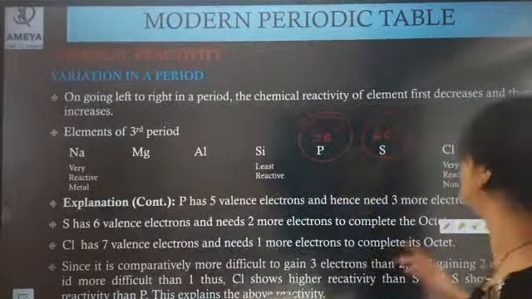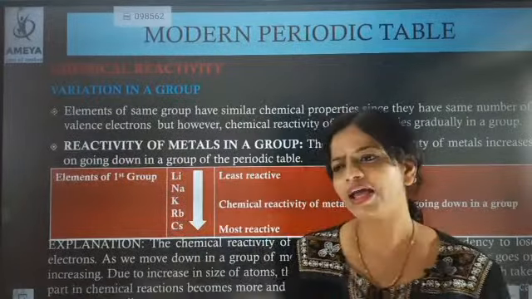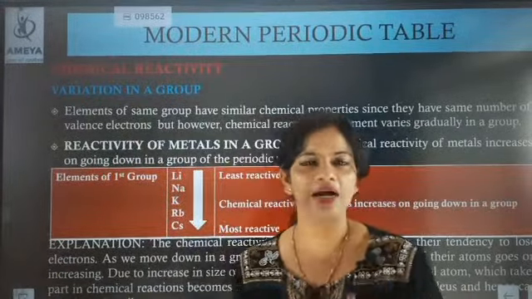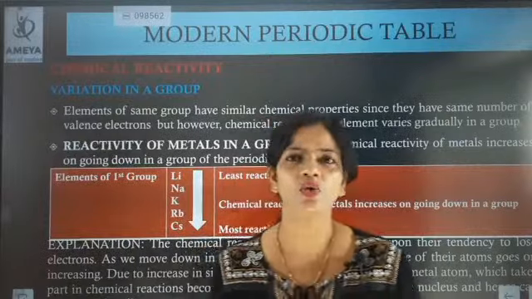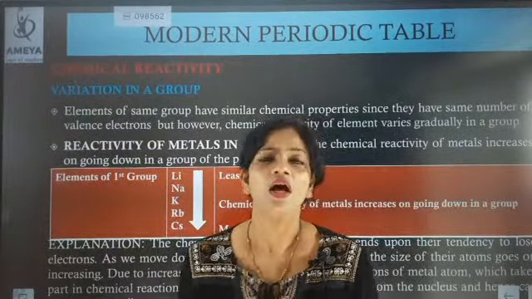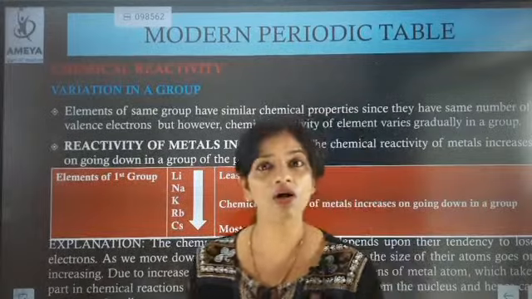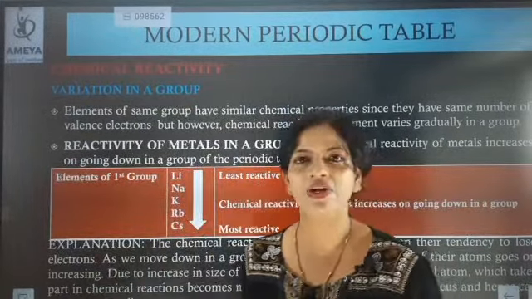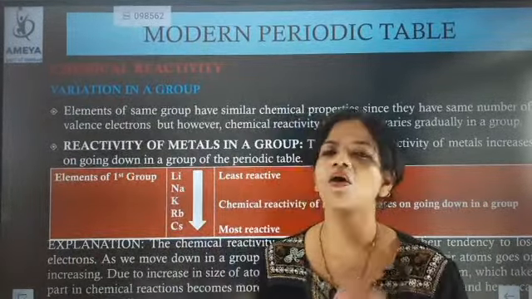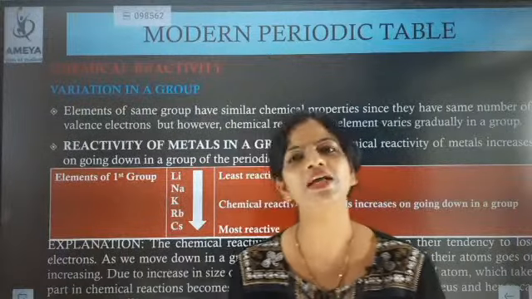Now one question is there. I have told you one story when I started the periodic table. That time I told you chemical reactivity remains same along a period. This is a statement I have given you.